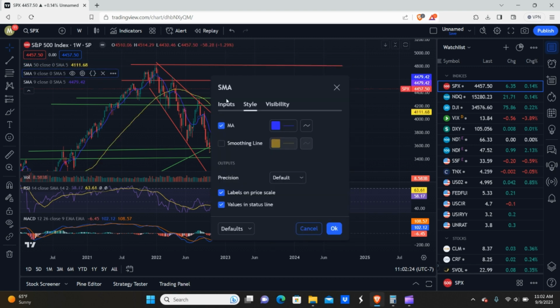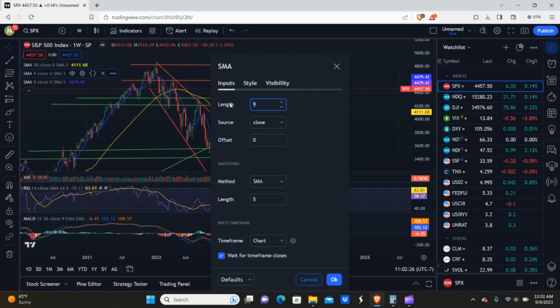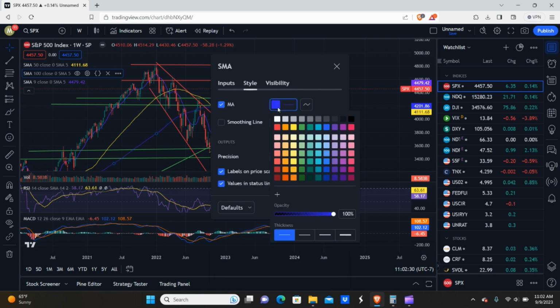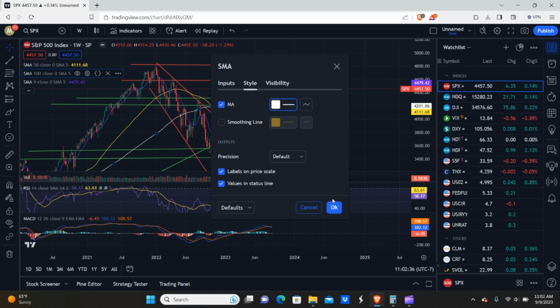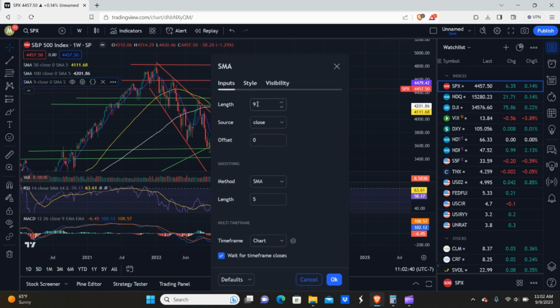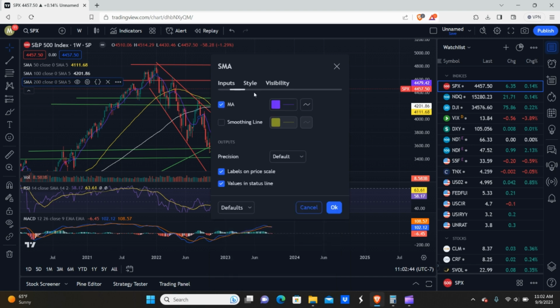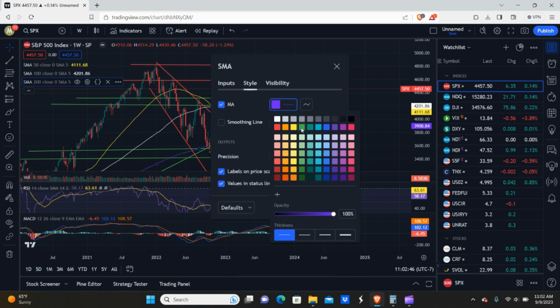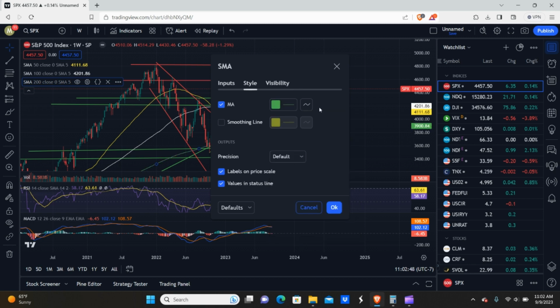And we'll switch the second one to a 100. So that would be your 100-week moving average. We're going to put this one as white. And the third moving average that we have, we're going to put as a 200-week moving average. And we're going to change this one to green, since that would be like your macro buy signal right there.